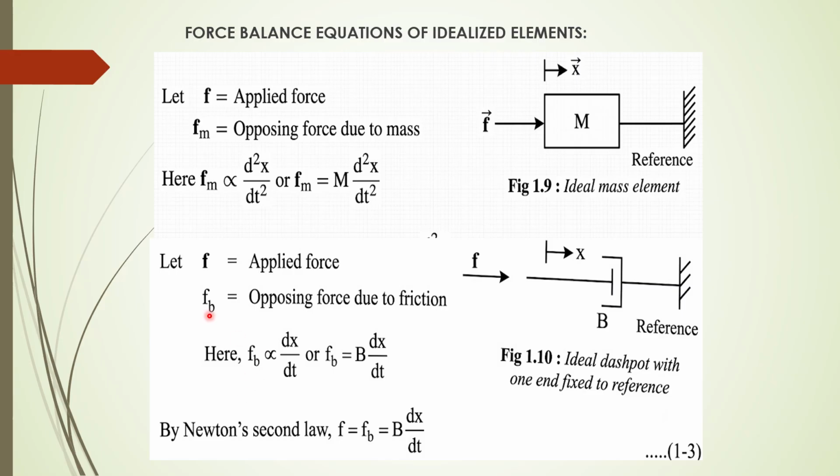So Fb is directly proportional to velocity, which is Fb equals b times dx over dt. So by using Newton's second law, we can write applied force equals opposing force, which equals b times dx over dt.